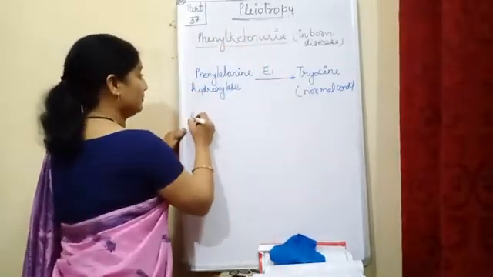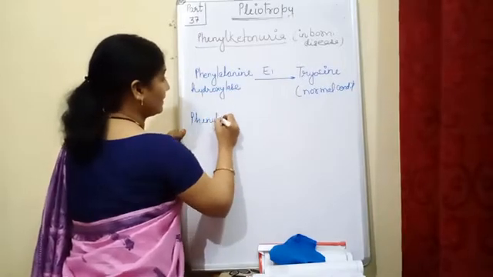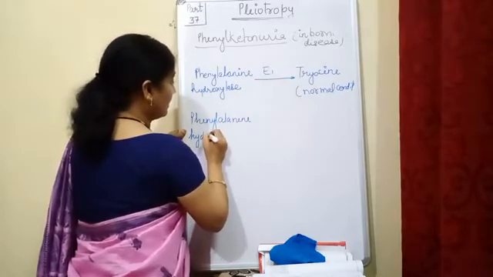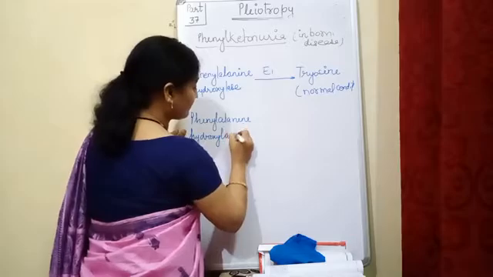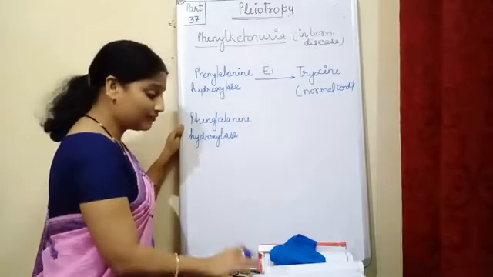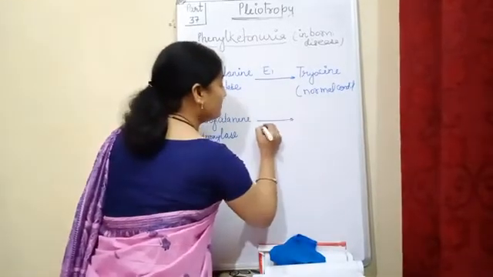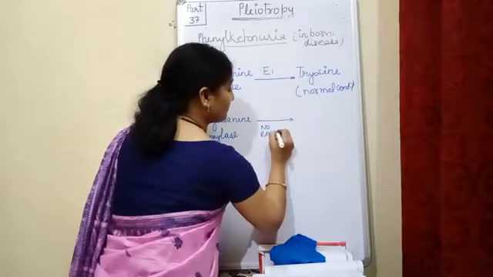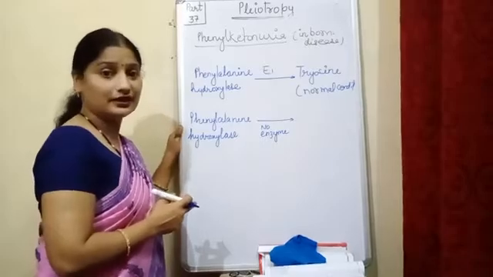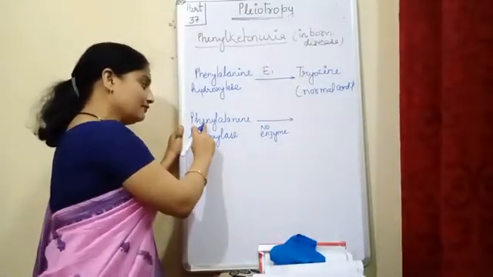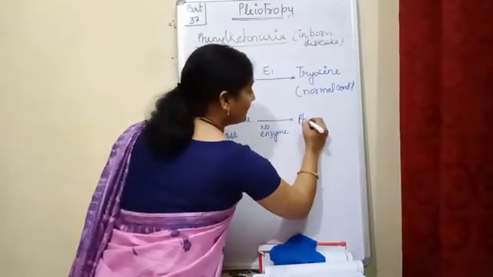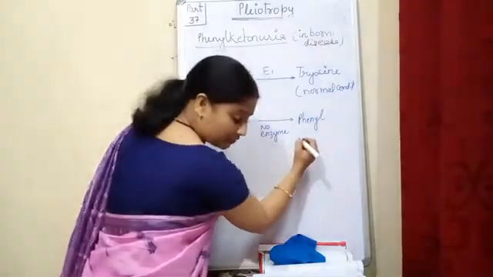This phenylalanine hydroxylase does not form any enzyme, and if there is no enzyme, then it will not get converted into tyrosine. Then what will happen to this? This phenylalanine will get converted into phenylpyruvic acid.